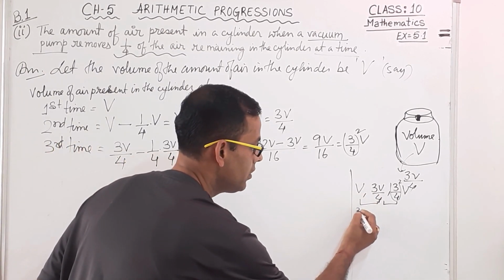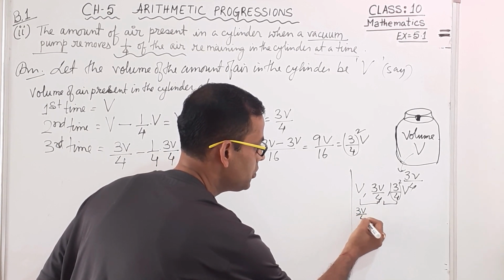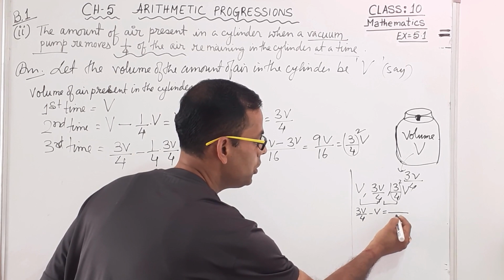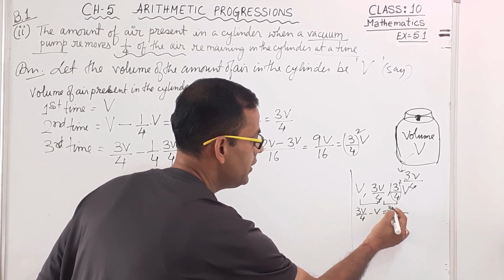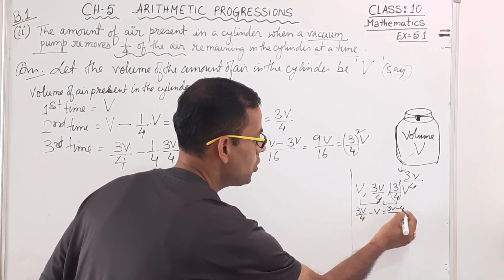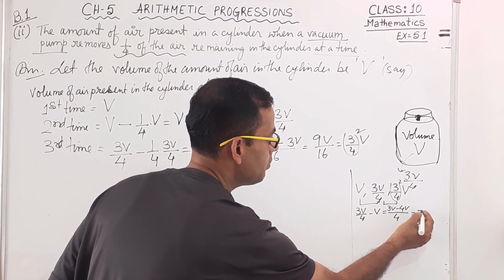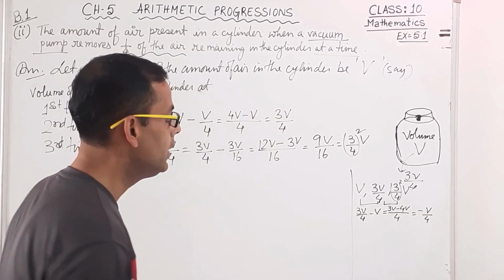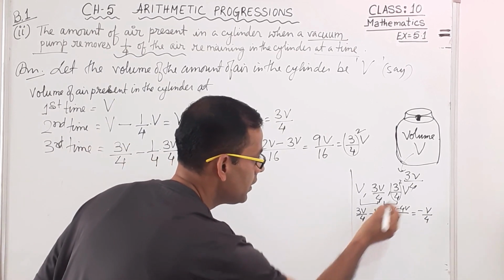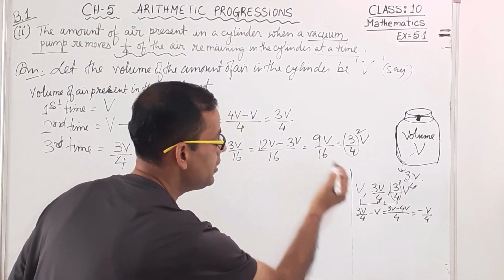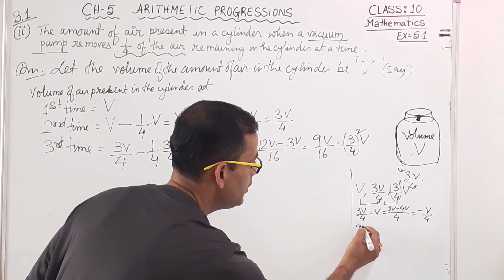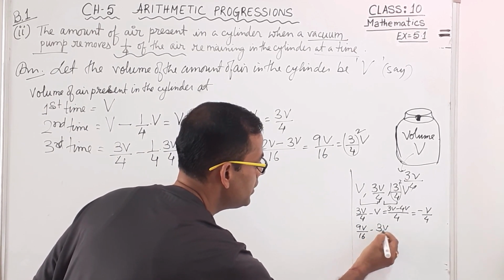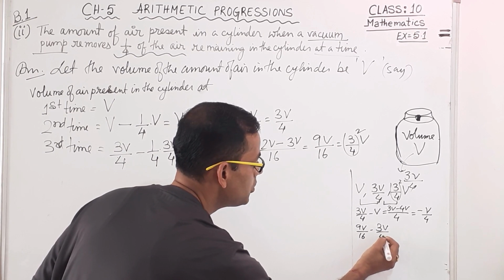Now, why is the difference not the same? Let us see 3V by 4 minus V. If you do LCM, you will get 3V minus 4V and you are getting minus V by 4. Then the next one, 9V by 16 minus 3V by 4.